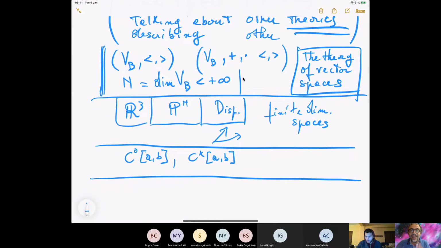These are all particular examples of vector spaces.